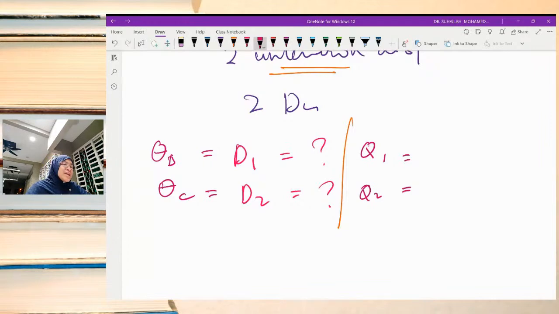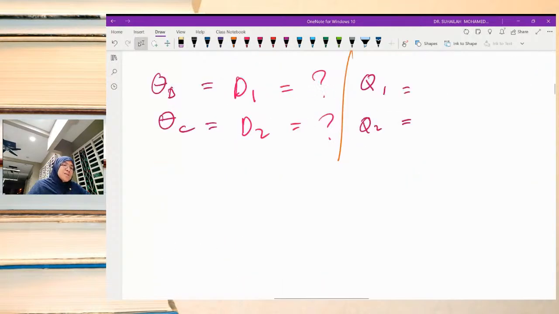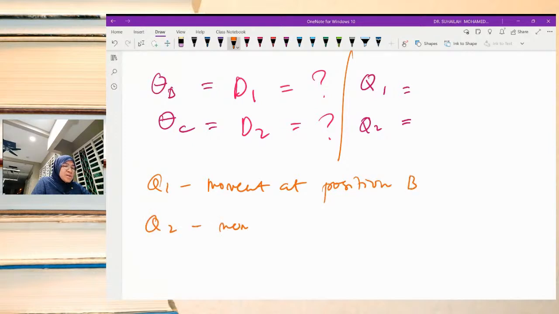Means that Q is not rotation; Q1 is the moment at position B and Q2 is the moment at position C.